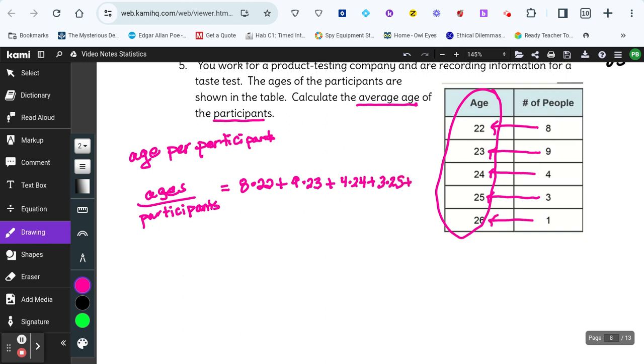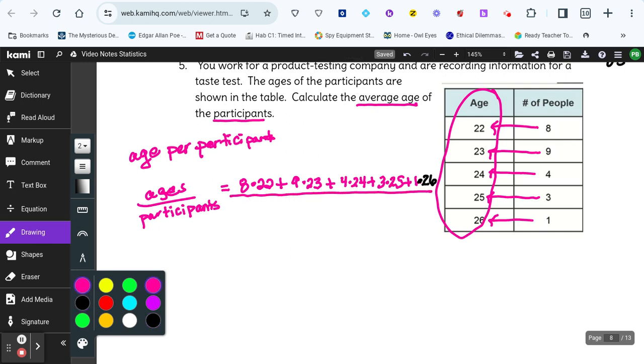And 1 person is age 26. And what you're going to do is divide by the number of participants or the number of people.